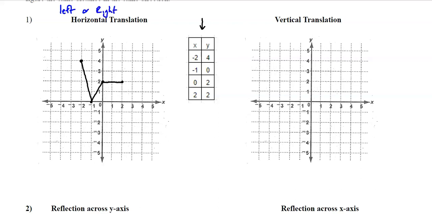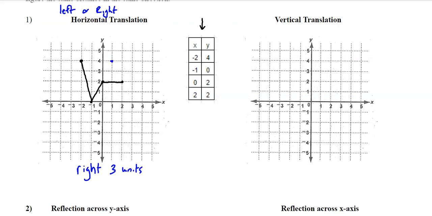All right, so let's start off here and let's move this shape, let's move it right 3 units. So just physically, when I'm doing this, I'm going to take every point and move it to the right. This top left point is going to get moved 3 to the right.